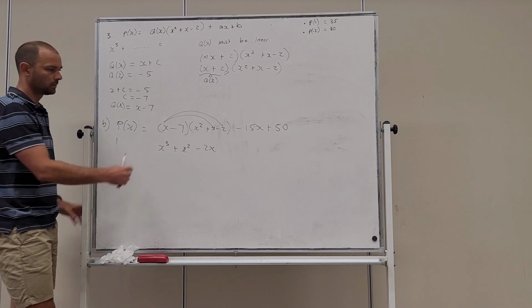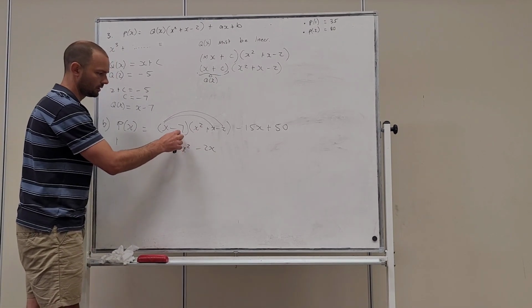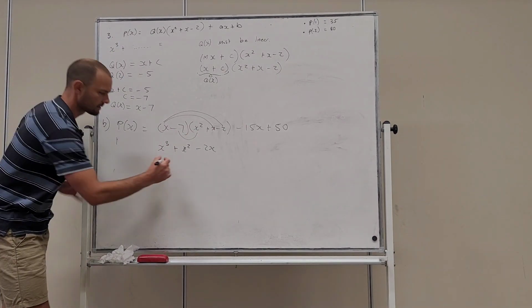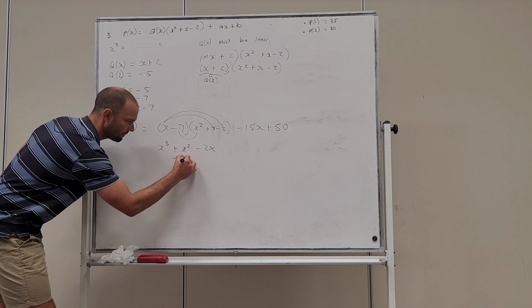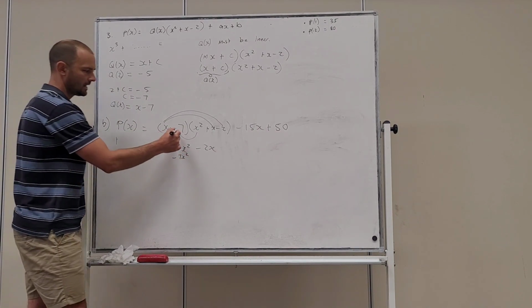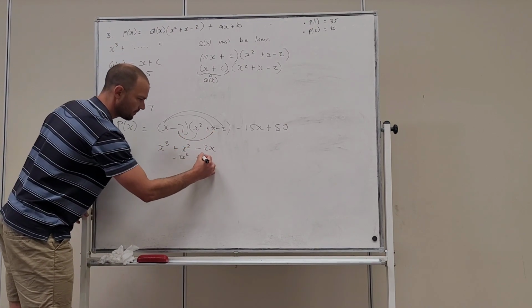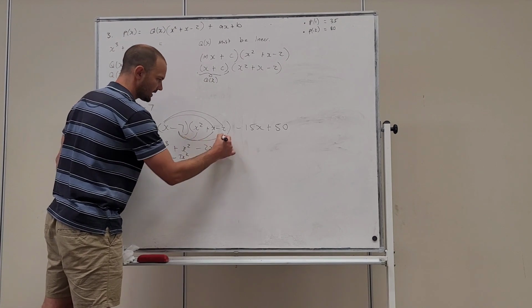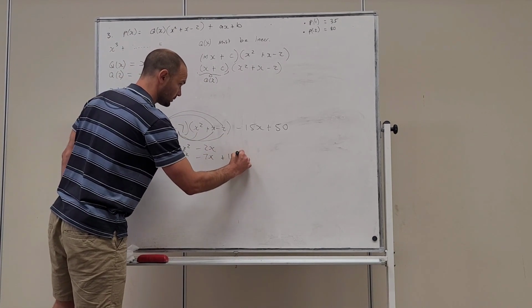Then we'll multiply the minus 7 through. Minus 7 times x squared, minus 7x squared, and we put that right below the x squared term. Minus 7 times x will be minus 7x. And then minus 7 times minus 2 will be positive 14.